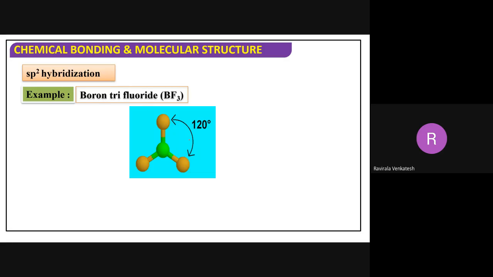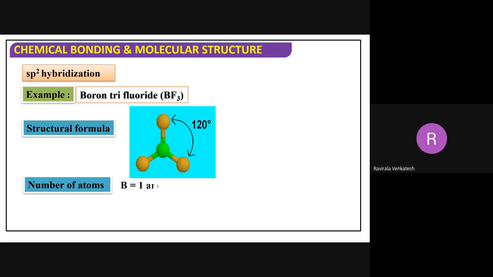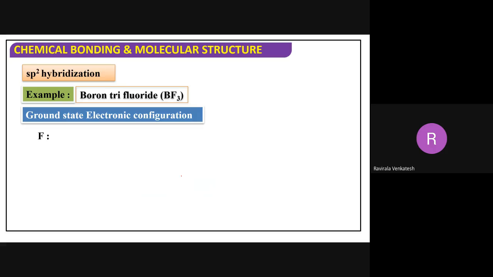Take an example, BF3. Boron is the central atom, and 3 fluorines are the surrounding atoms. Fluorine has a single unpaired electron: 1s2, 2s2, 2px2, 2py2, 2pz1.